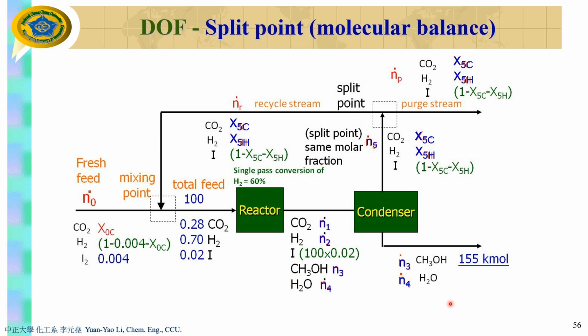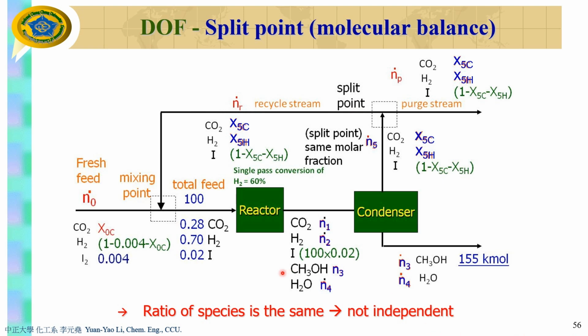So let's go to a splitting point. Can we do a splitting point? No. You have 2 unknowns. And you might say, well, there are 2 unknowns, so input equal to output: carbon dioxide input equal to carbon dioxide output, and hydrogen input equal to hydrogen output, so we can get an answer. No, I'm sorry, because of these 2 equations, there's only one independent, so you cannot get NP and NR using the splitting point.